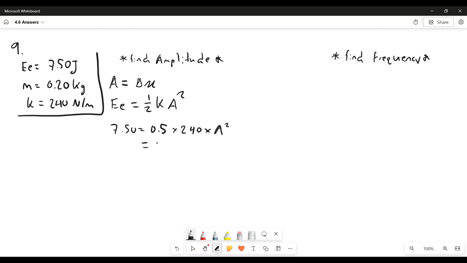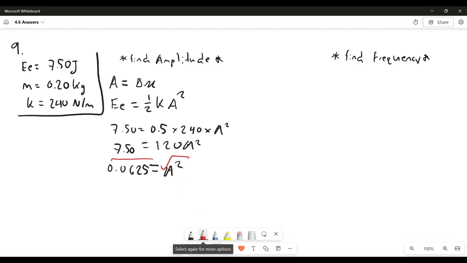So 240 times 0.5 gives me 120 A squared, 7.5. 0.0625 A squared, and then if we root both sides, you will get an amplitude of 0.25 meters.